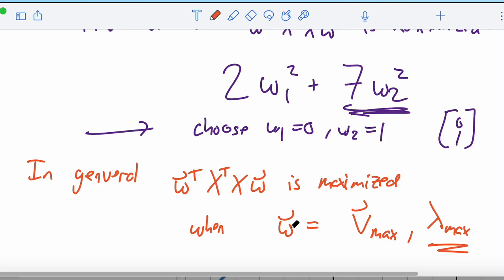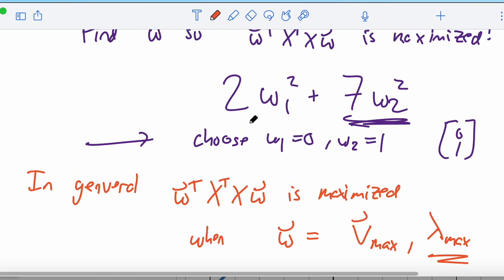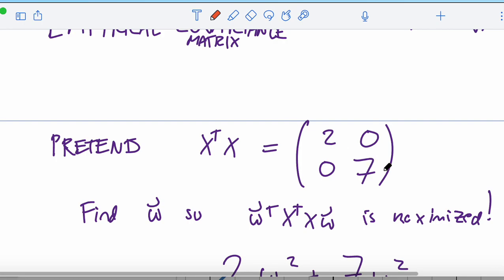So that's the answer. And again, it's the power of linear algebra: that very difficult problem is easy for diagonal matrices, and you can convert it to diagonal matrices by just looking at eigenvectors and eigenvalues. So every matrix looks like a matrix of the form 2, 0, 0, 7, as long as you look at it in the right way. And looking at it in the right way means think of the eigenvectors and eigenvalues.